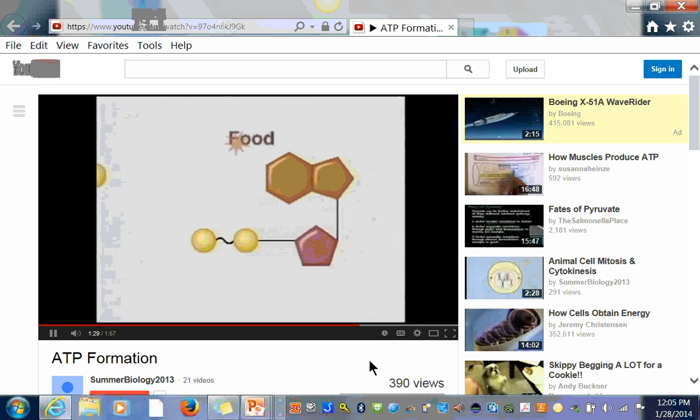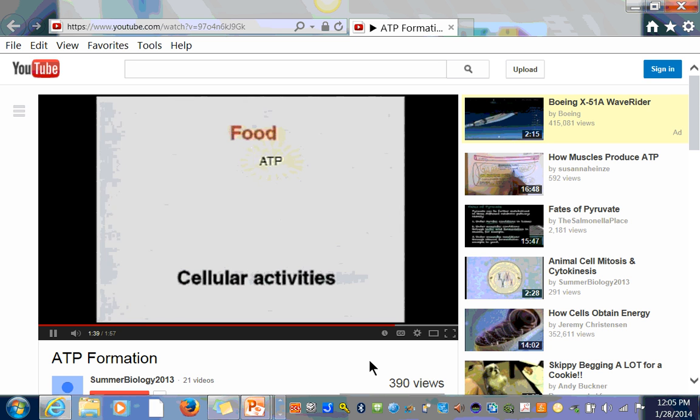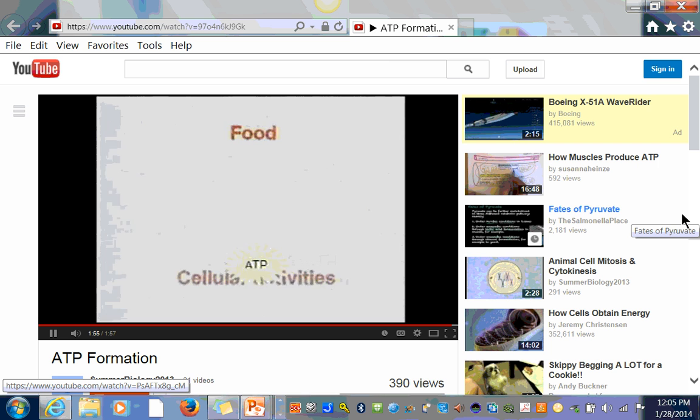Energy from the breakdown of food is used to change the ADP to an ATP. The energy stored in ATP is transferred and released when needed to power cellular activities. This process may occur as many as 10 million times per second in some cells.